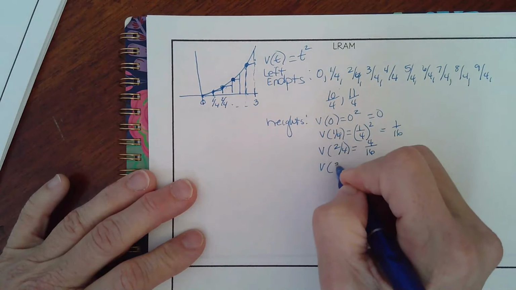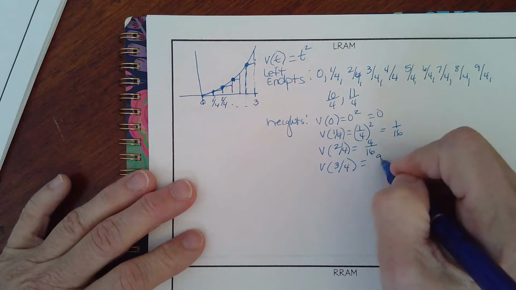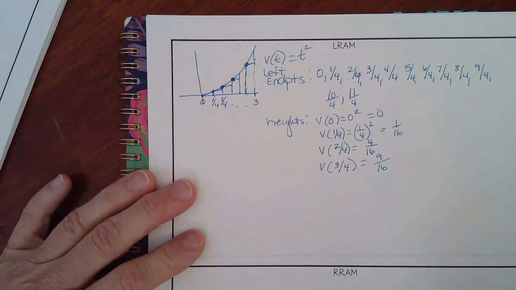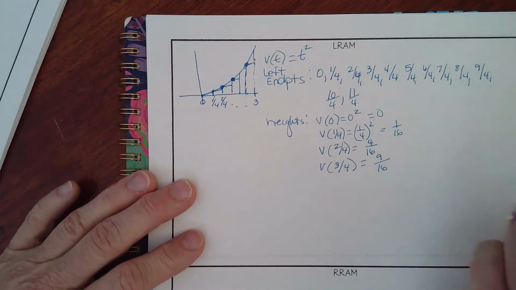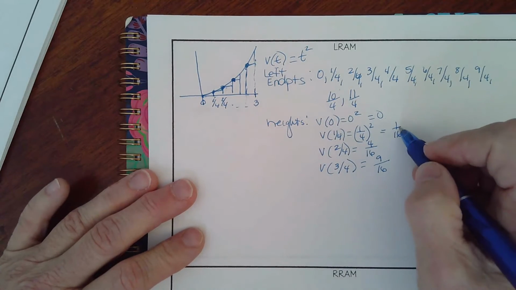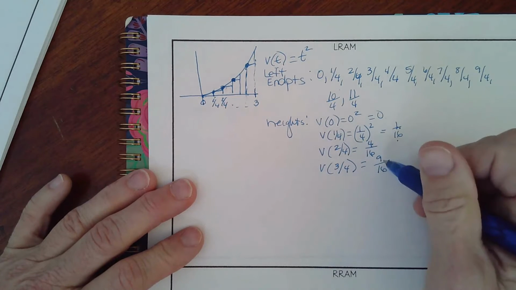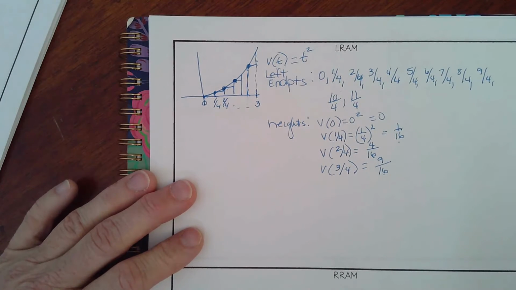V of 3/4, and hopefully we're going to pick up on the pattern here in just a minute, 9/16, and so on. So the height of the first rectangle is 0. The second one is 1/16, the third one 4/16, 9/16, and so on.